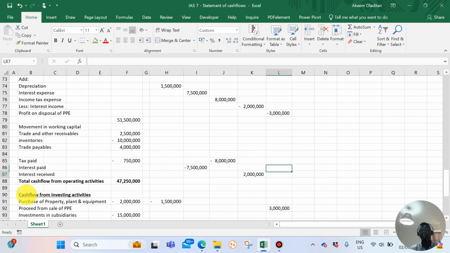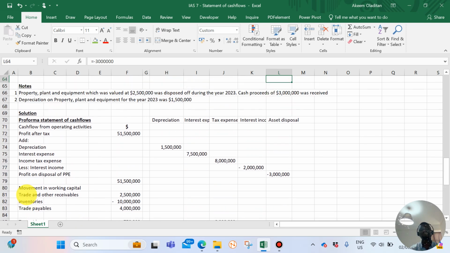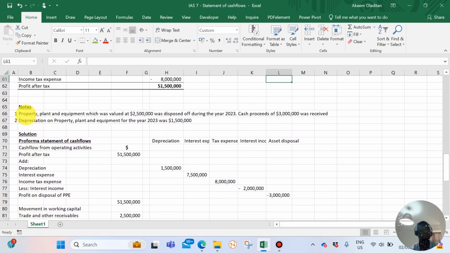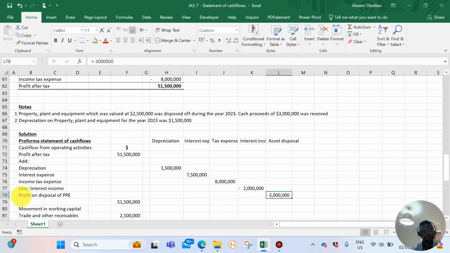So that is not all, because if you look at it, they said it was valued at 2,500,000. So how do we now post that 2,500,000? If you look at it, that 2,500,000 is what will make us achieve the profit on disposal that we mentioned here. So that profit on disposal was already part of our profit after tax, so we need to adjust it back. So how do we adjust back? By adding the 2,500,000 here.